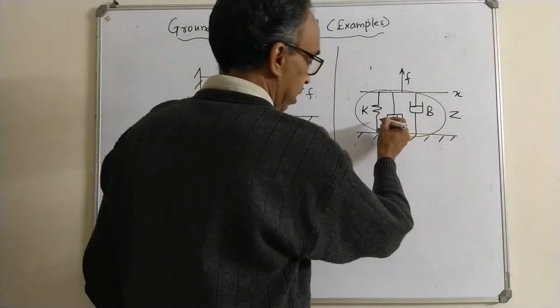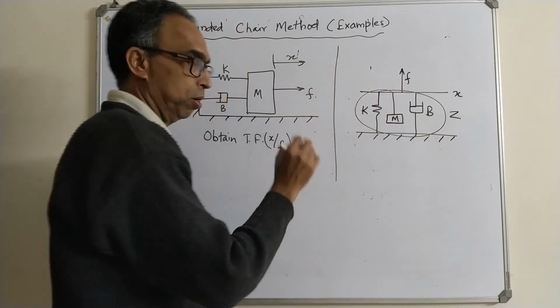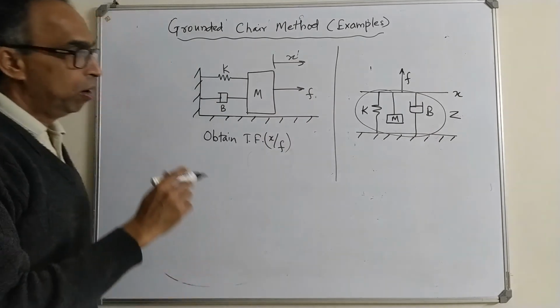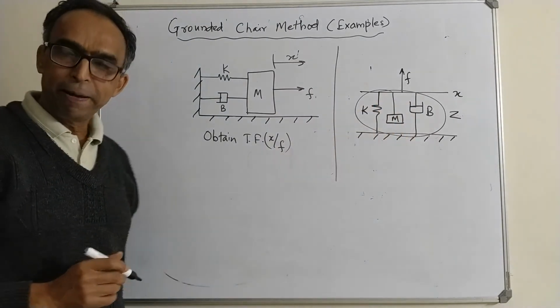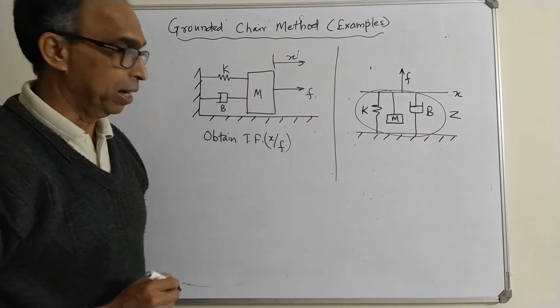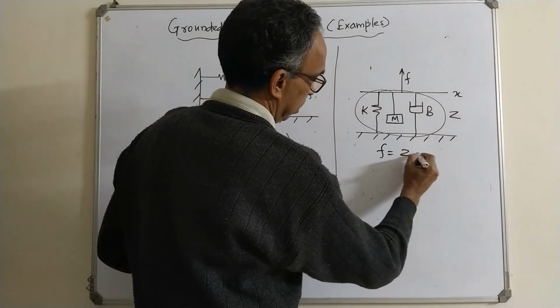Okay. So there are three elements: spring, mass, and dashpot, having stiffness K, mass M, and damping coefficient B. All these three are in series. Why? Because all three are experiencing the same displacement x. So this is Z, and F is equal to Zx.